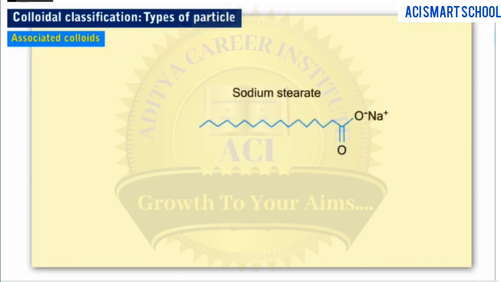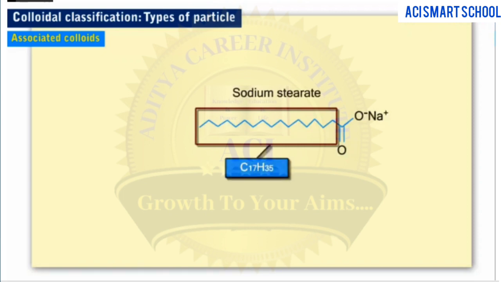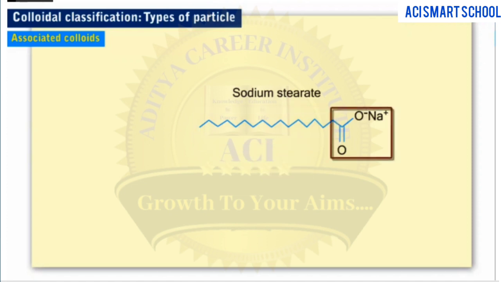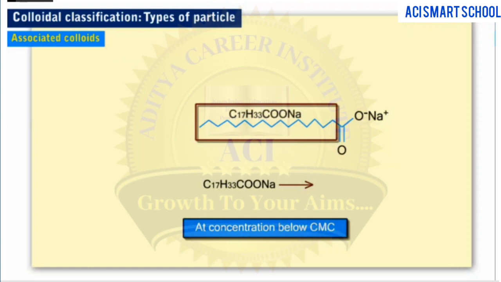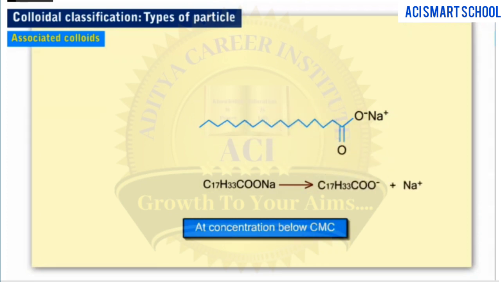In sodium stearate, the long hydrocarbon part of the stearate radical, that is C17H35, is the lyophobic end, while COO- is the lyophilic end. When the concentration of the solution is below its CMC, sodium stearate behaves as a normal electrolyte and ionizes to give sodium and stearate ions.